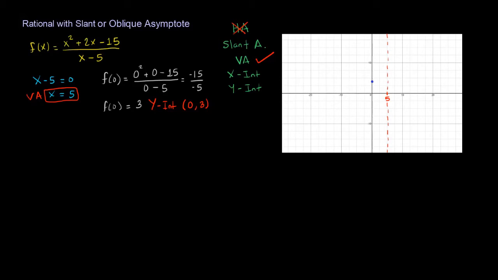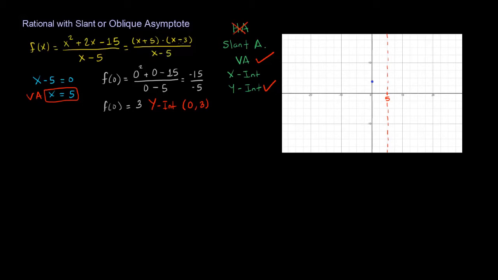And now I'll get the x interceptions. In order to find the x interceptions, we have to pick the factors or the roots of what's in the numerator. So I'm going to do it over here. Factoring this out would be x plus 5 times x minus 3. That would be x squared plus 2x minus 15, it's fine.